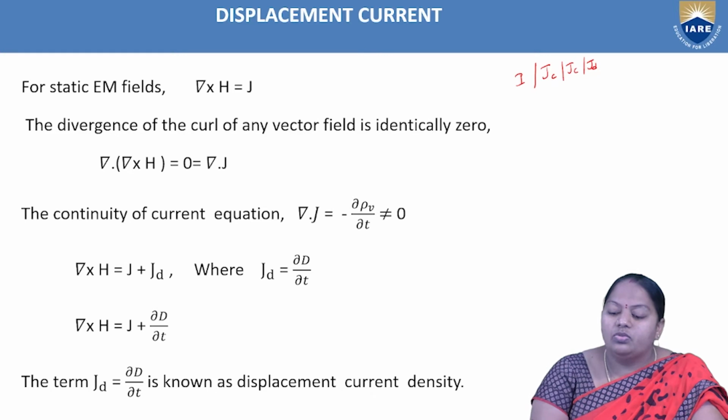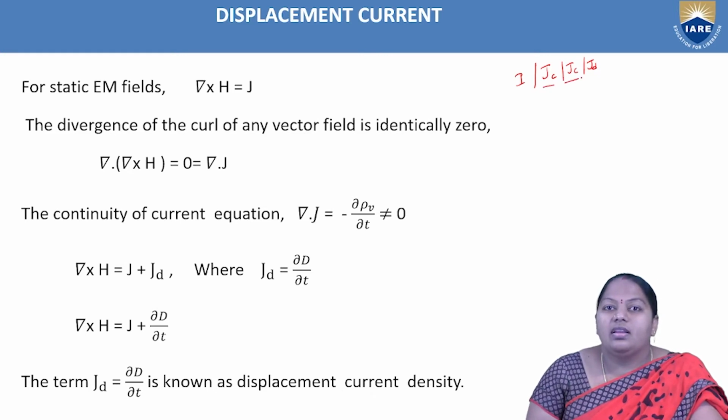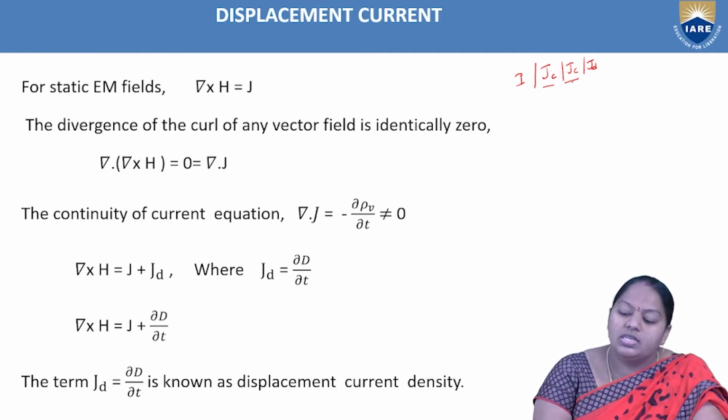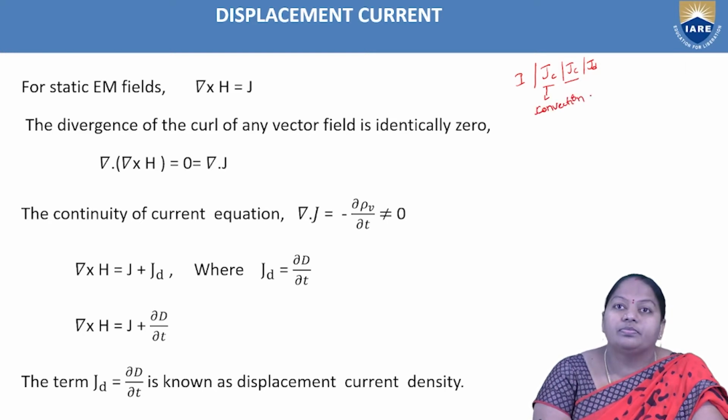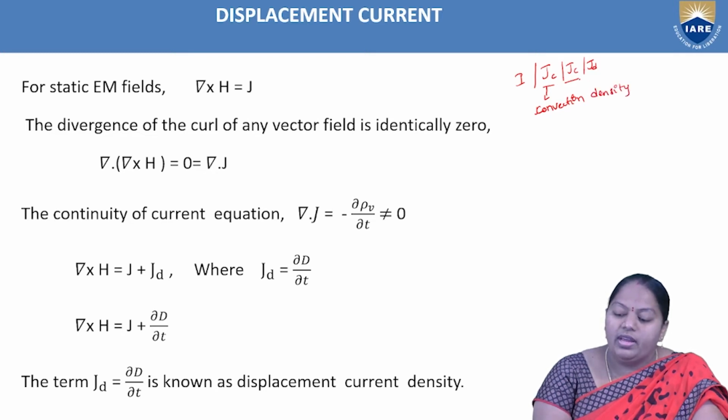The first two, JV and JC, we have discussed in static electric as well as magnetic fields. The first stands for convection current density, whereas JC stands for conduction current density.